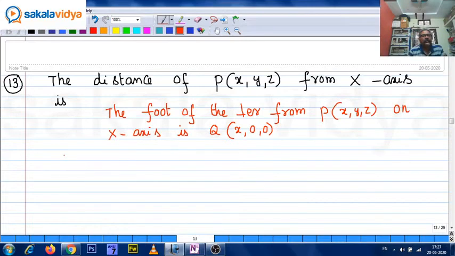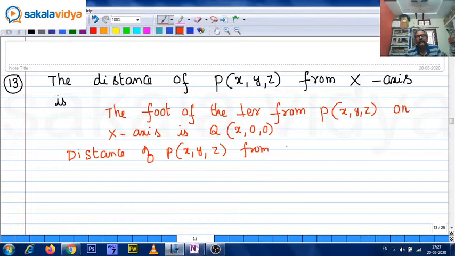So now the required distance of P(x, y, z) from the x-axis is equal to the distance between these 2 points. That means (x minus x) is 0, (y minus 0) square is y square, (z minus 0) square is z square. So you get root of y square plus z square.